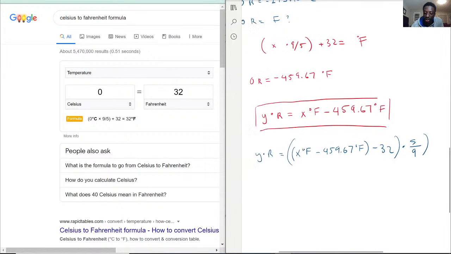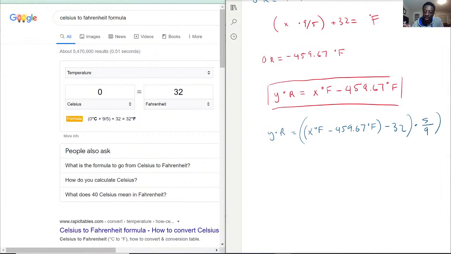So this is how we're going to get it versus Celsius. So now it's going to be 459.67 minus 32, so now we have negative 491, times 5 divided by 9.